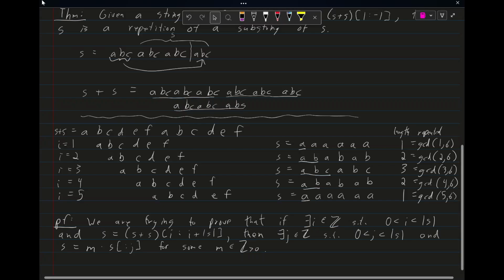Okay, but basically the point is that the thing we're trying to prove is that there is some index j such that S is just the substring from the beginning up to but not including index j, repeated m times. And in fact we're going to prove that j is the greatest common divisor of I and the length of S.